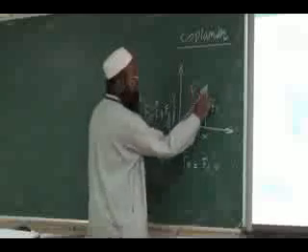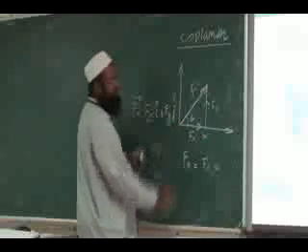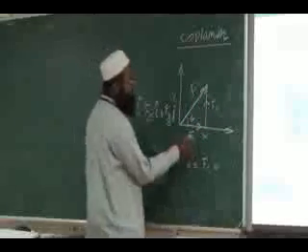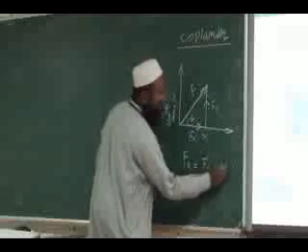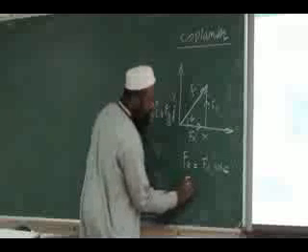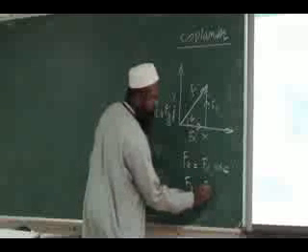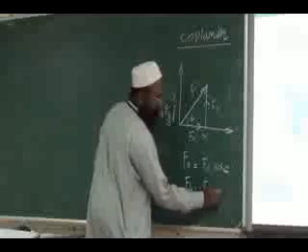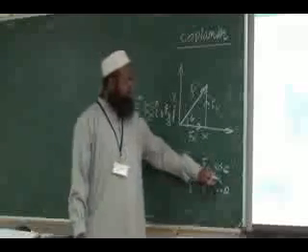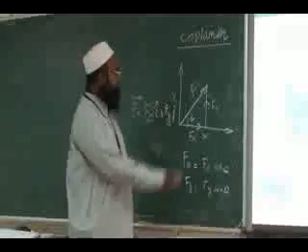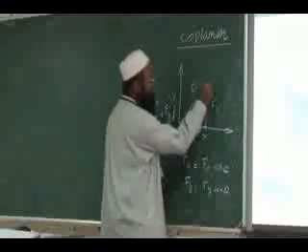So this is your y component, this is your x component. The x component is F cos theta, the adjacent side, and your y component will be F sin theta. So F can be resolved into two components acting along x and y.